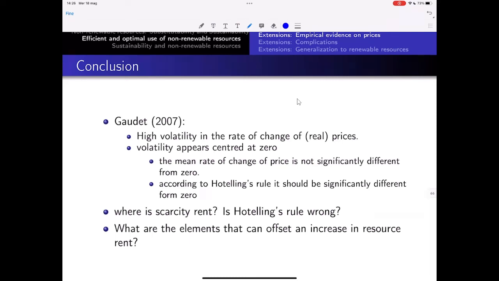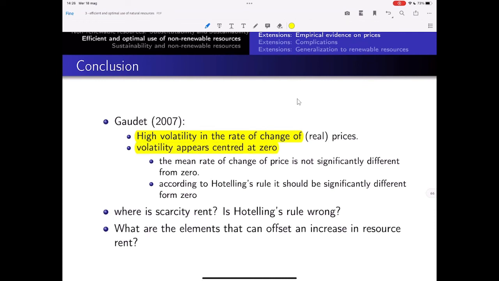So what you can see. What are the observations? So observations are high volatility in the real rate of change, the rate of change of real prices, and the volatility appears to be centered at 0.